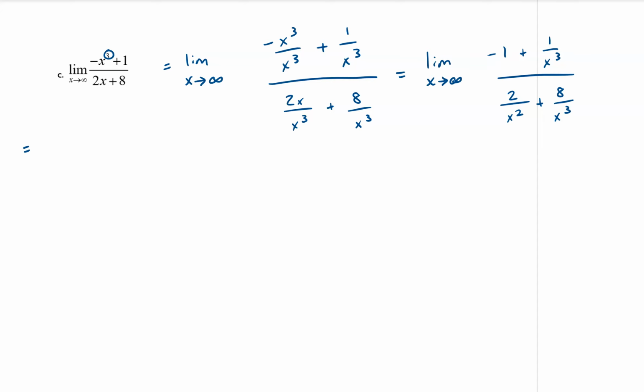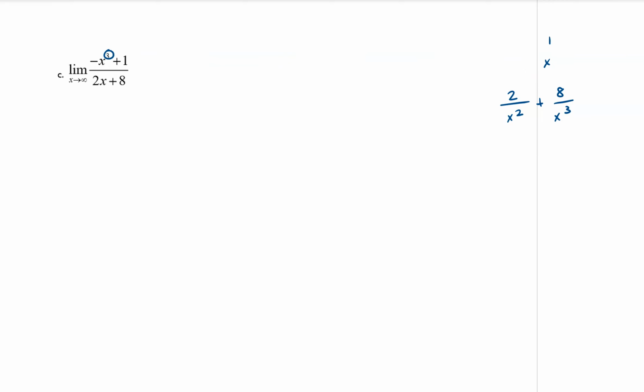And so the output values of the numerator are going to grow much more rapidly than the denominator. So another way to think about this is, I'm going to go ahead and erase all of this, since that didn't really get us anywhere because we ended up getting -1 over 0, which is an undefined number.